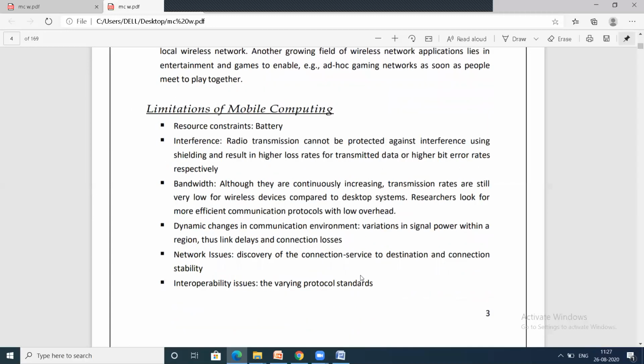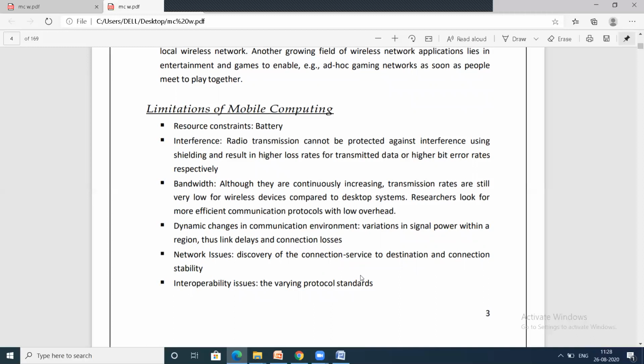And we discussed several limitations of mobile computing too. Those are battery problem, that is resource constraints; interference, that is one transmission interfering with another transmission; and bandwidth, the major problem is bandwidth. Most of the researchers are working to improve the bandwidth capacity. Why? Because bandwidth plays a vital role in communication.